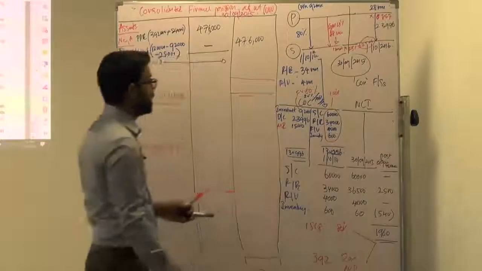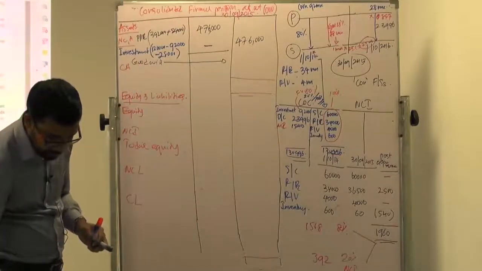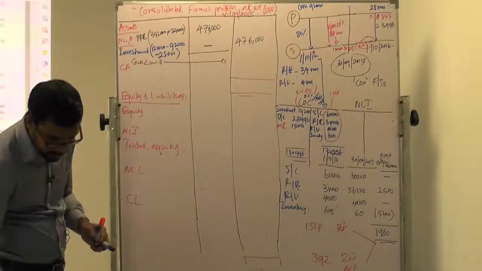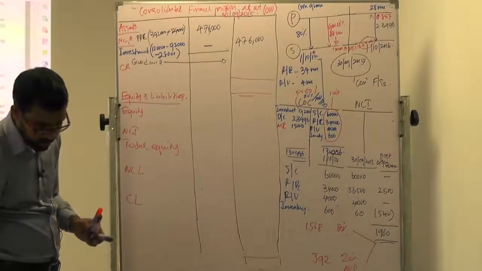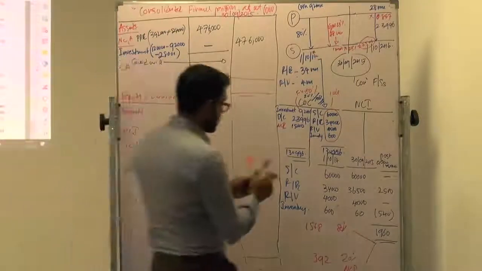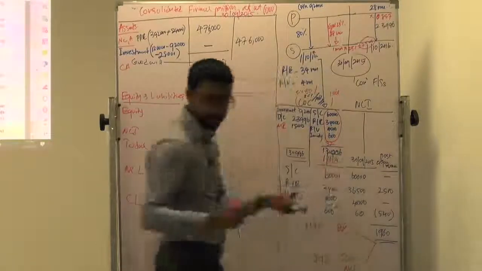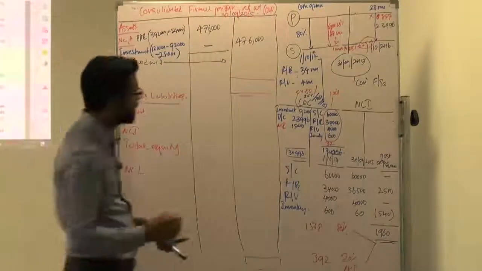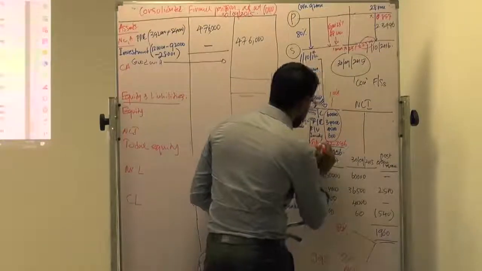If you deduct all these things from this, you get 32,396, which is goodwill.